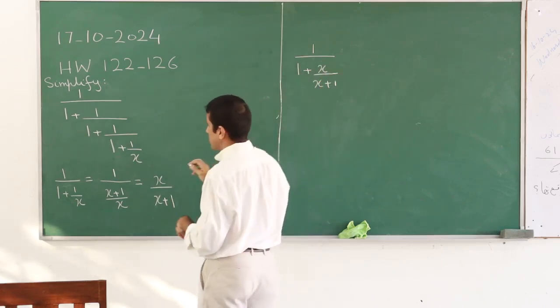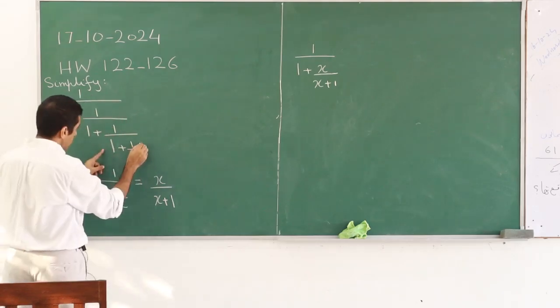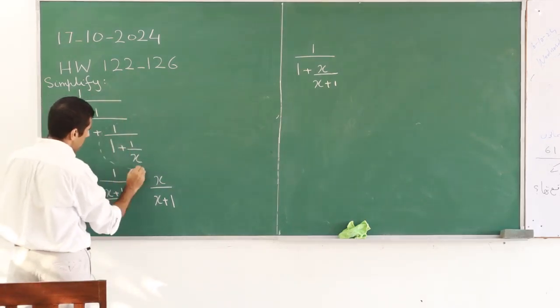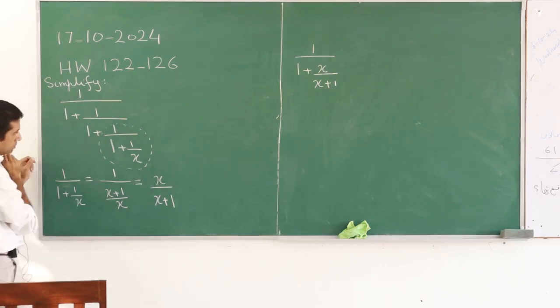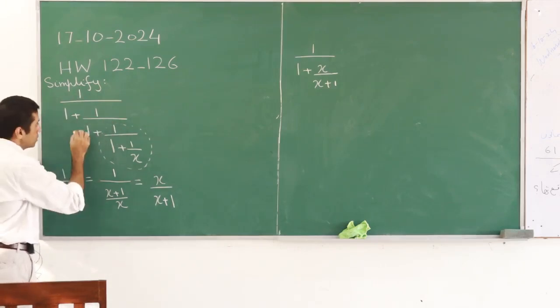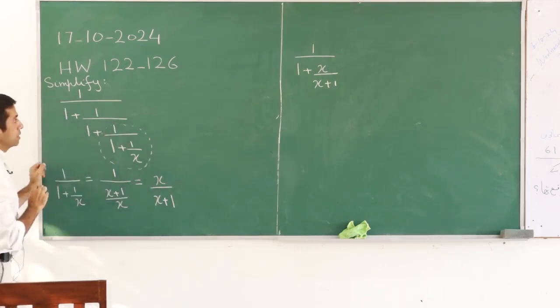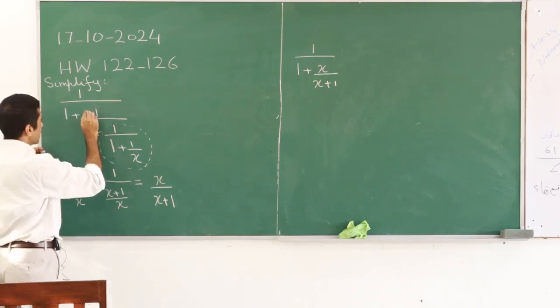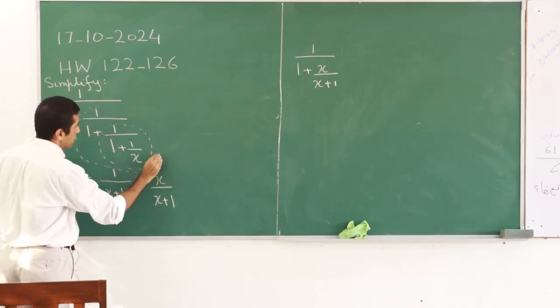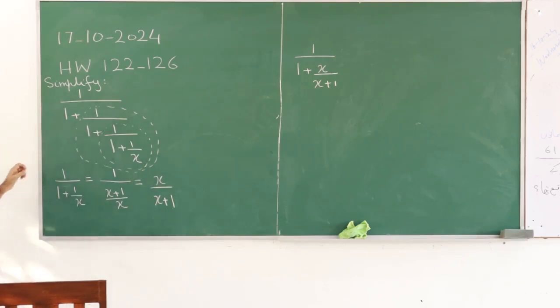That's the second part that I have to do, because I am done with this part. Now I am going to do this part, right? I did 1 over 1 plus x, so that part is done. Now I am doing 1 over 1 plus this.